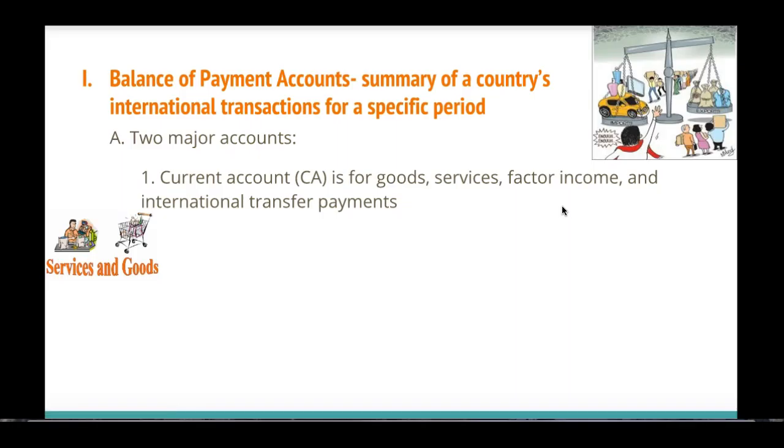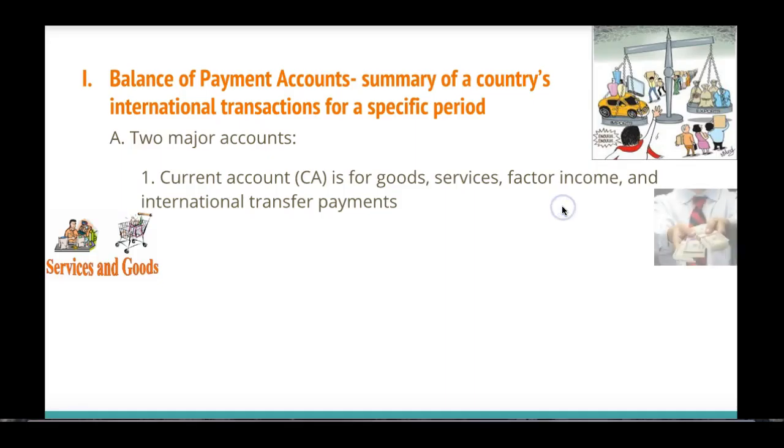For example, if a foreign car company has a factory in the United States and they own the land the factory sits on, that would be factor income. Or vice versa, if an American company owns land in another country where their factory sits, that would be factor income. And then you also have international transfer payments.